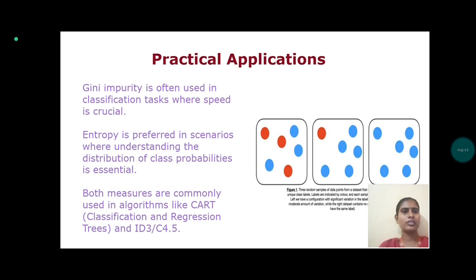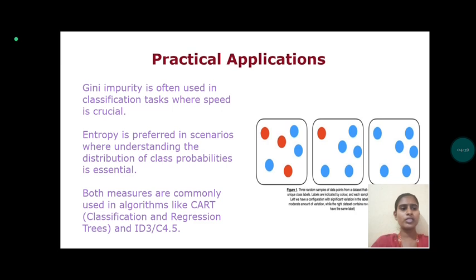Next, what are the practical applications of Gini impurity and entropy? Gini impurity is often used in classification tasks where speed is crucial, and entropy is preferred in scenarios where understanding the distribution of class properties is essential.